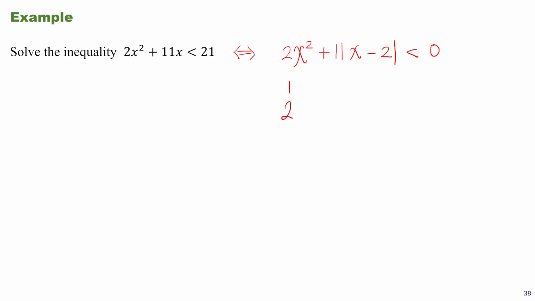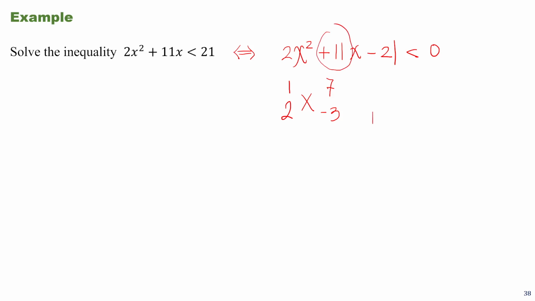2 can be factorized to 1 by 2. Negative 21 can be factorized to, for example, 7 by negative 3, right? And the cross product ensures you get the coefficient in the middle.